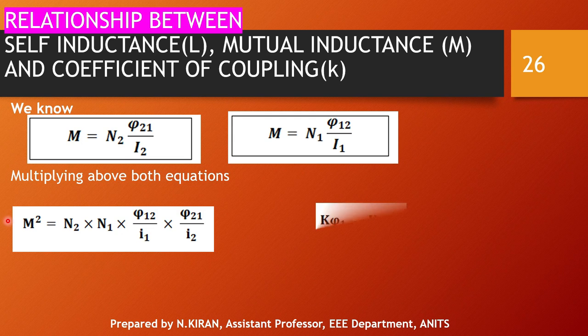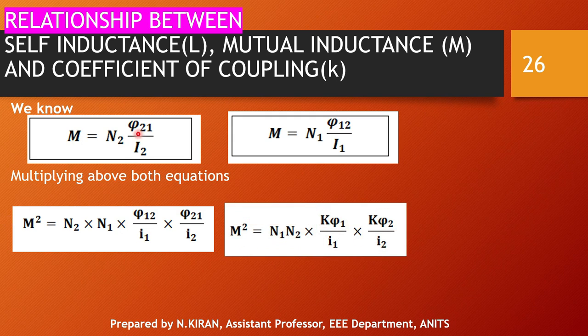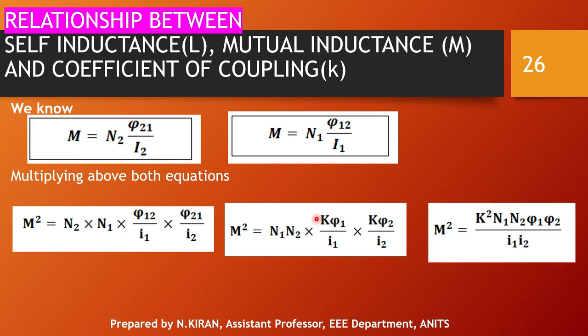From the expression of the coefficient of coupling, I can replace phi12 with K into phi1 and phi21 with K into phi2. When I replace them, I get M square is equal to K square N1 N2 phi1 phi2 by I1 I2.